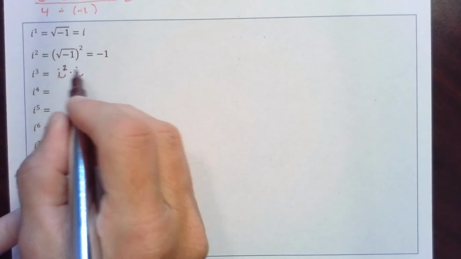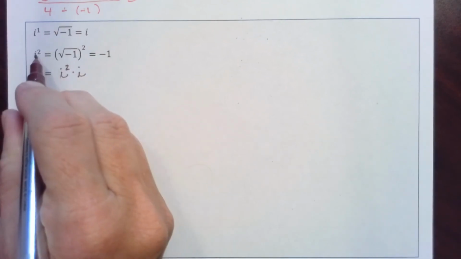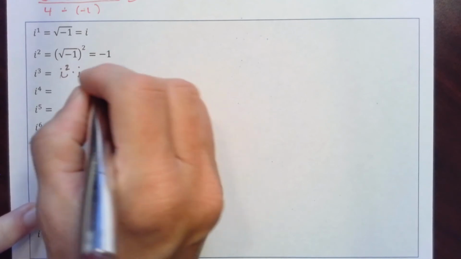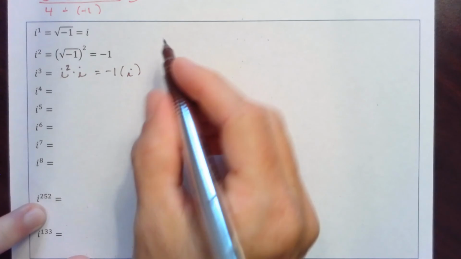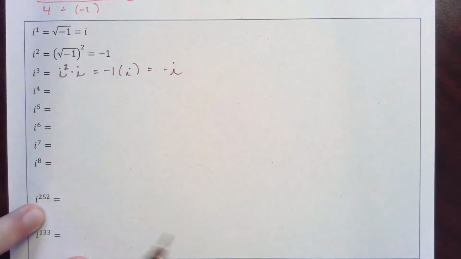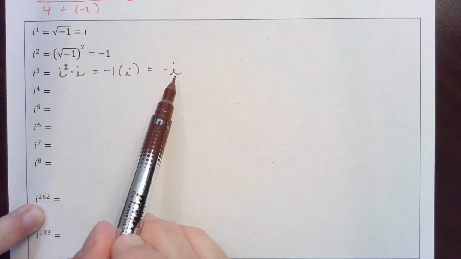This 2 plus this 1 makes that 3, right? Well, i squared is negative 1. And negative 1 times i is negative i. So i cubed is the same thing as negative i.